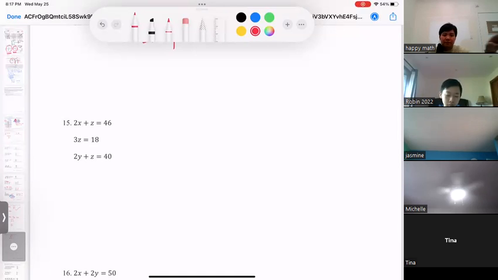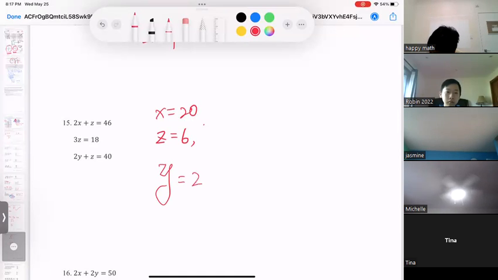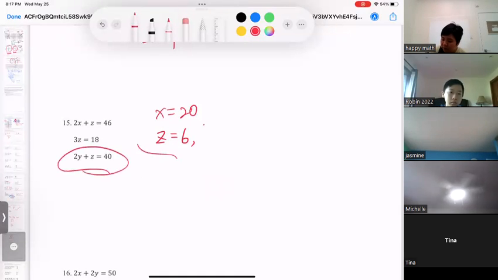X is 20 and Y is 23. No. Double check your Y, please.